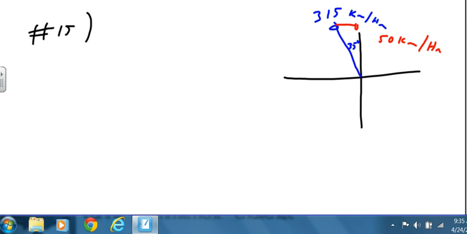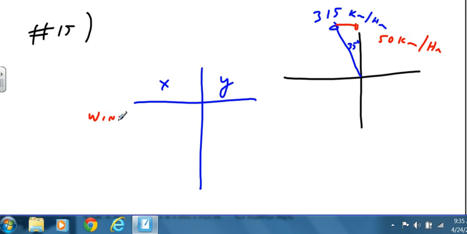Okay, so what I'm going to do is I'm going to find the x direction and the y direction of both of these vectors. So the wind is going to be 0 in the y direction and positive 50. And the plane is going to be 315 times cosine 125.